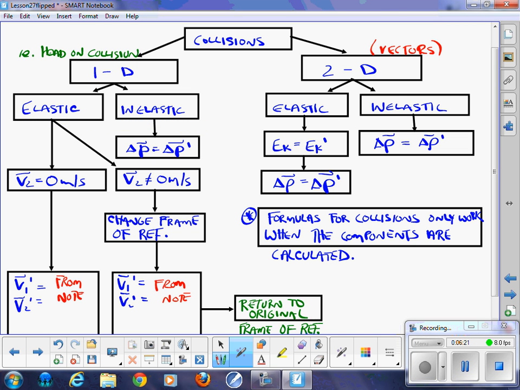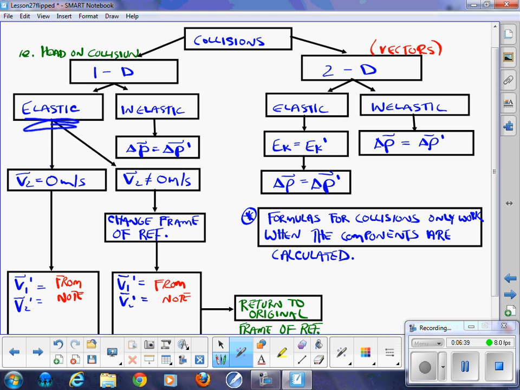And it's not like it's going to be some big dark secret. You're going to be able to figure out which one it is, because it's going to be reflected on the homework examples and the examples done. So let's say we determine it to be elastic. For elastic, we have 2 situations.